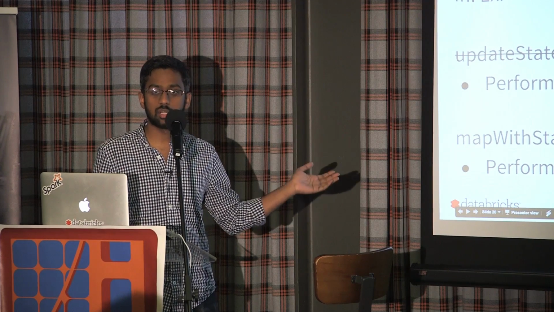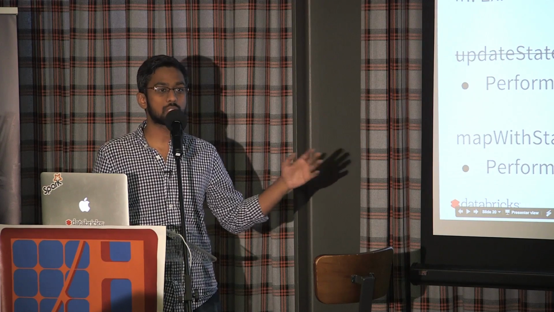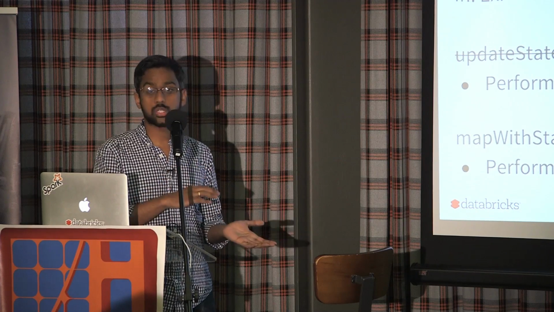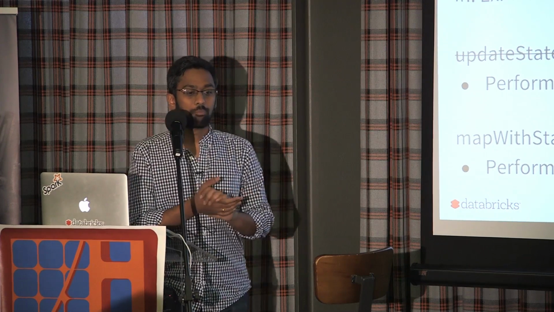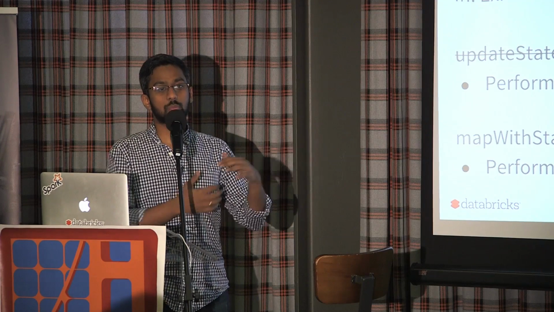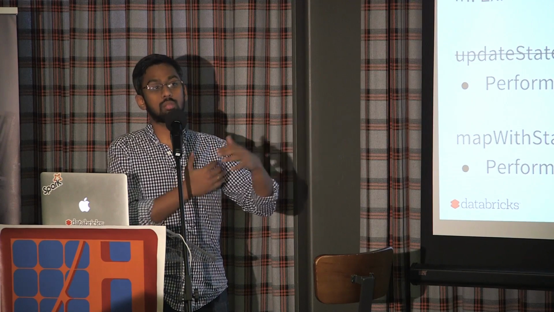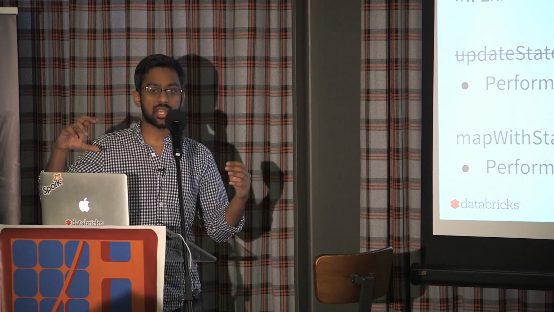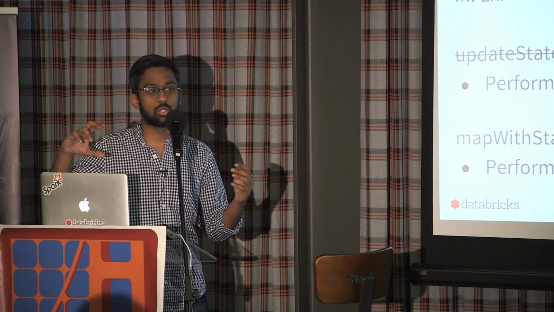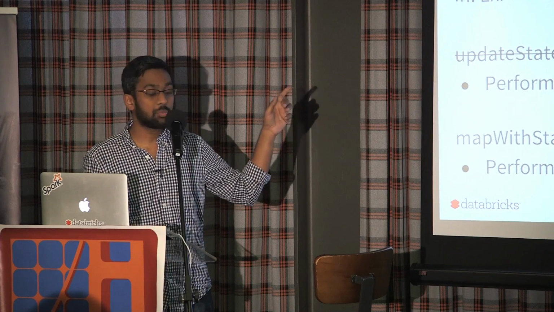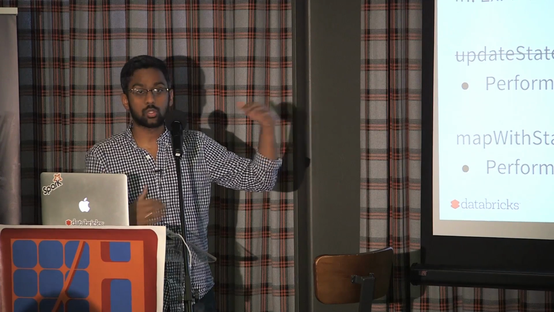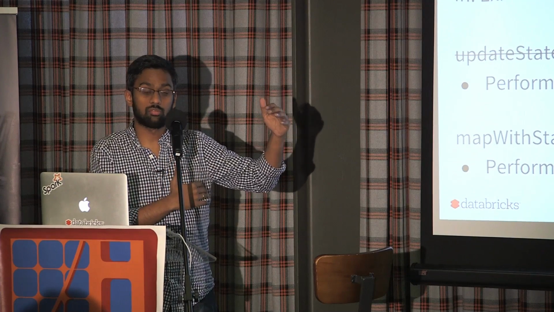updateStateByKey is still available, but its performance is proportional to the size of the state. For example, if you have a state of 1 million words, and a batch of 100 words is coming in, the performance of updateStateByKey is proportional to the size of the state, which is the 1 million words.